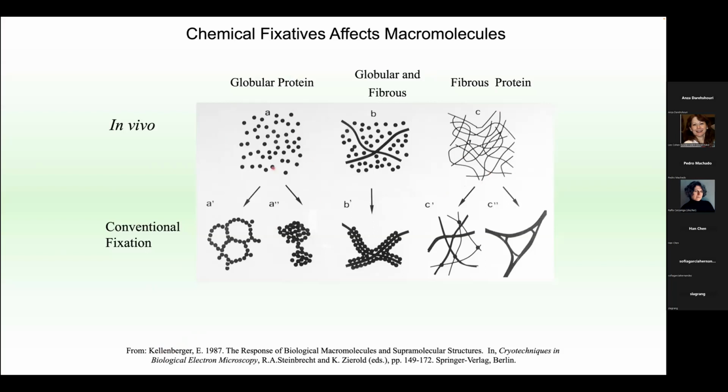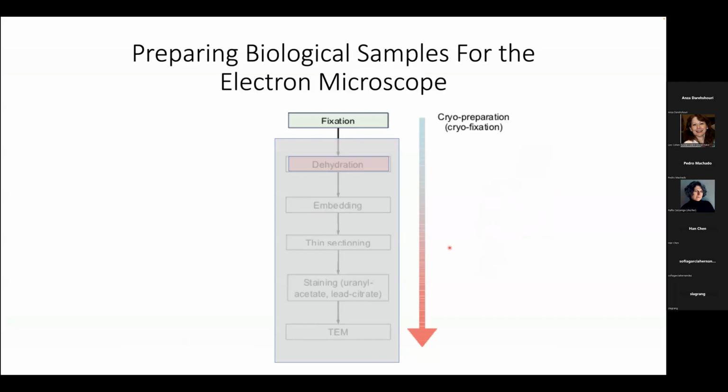But this shows that as you apply chemicals, you start to bind up your globular proteins, or your fibrous protein structures will bind into these kind of unnatural states, which we want to avoid if we're trying to study the cell in its live state.